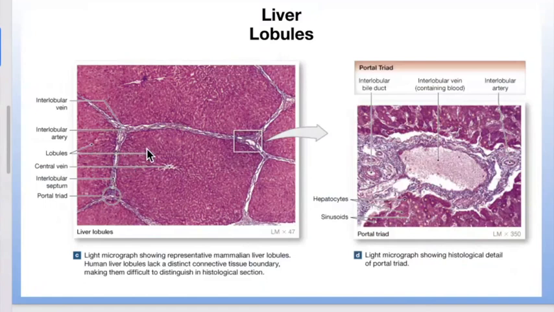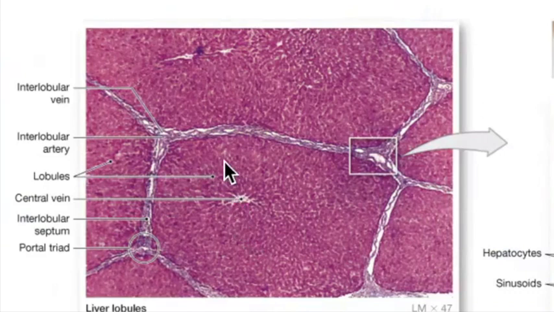Okay, and here are some pictures of liver lobules. This is a histology slide on the left. However, this is not a human liver lobule shown here. The human liver lobules do not have such a clear connective tissue boundary, so they used the liver lobule of another creature. I don't know which one. They just say it was a mammal, just to show you the histology slide with a somewhat clear liver lobule.